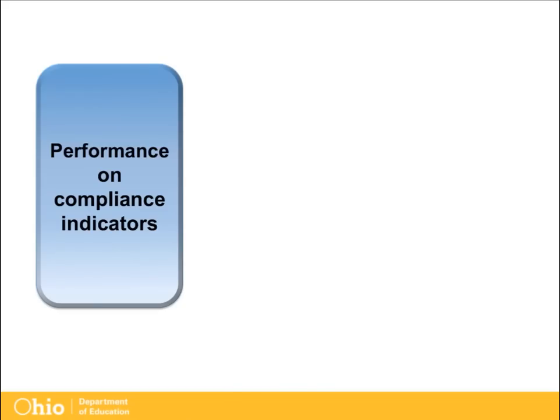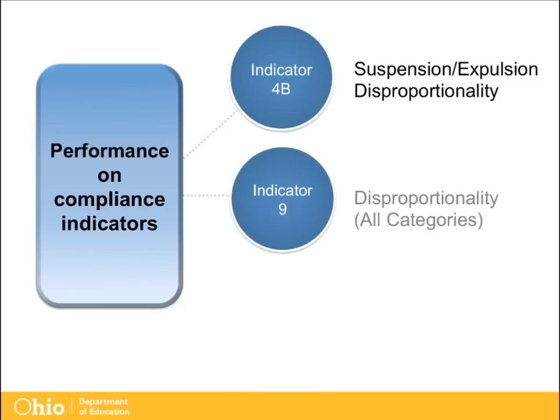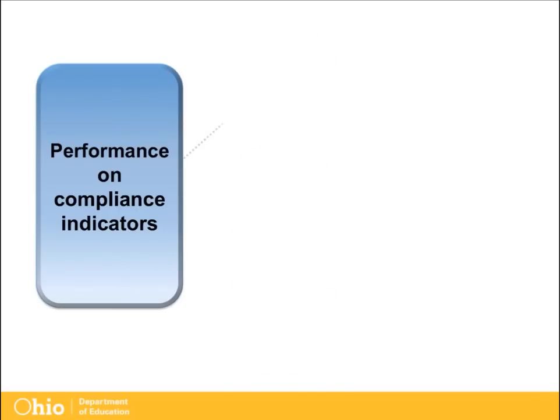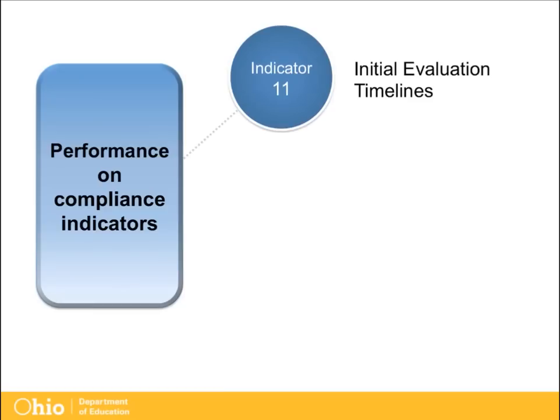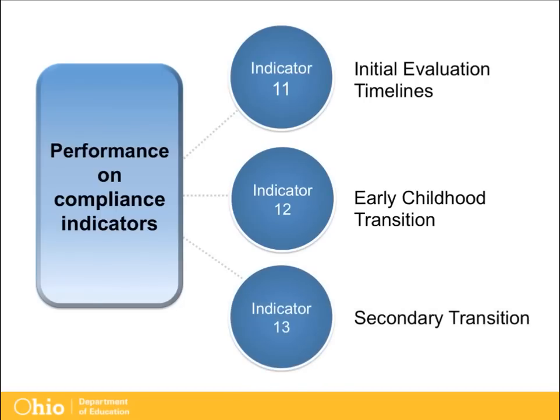The compliance indicators included are Indicator 4B, which measures disproportionality in suspension and expulsion rates; Indicator 9, which measures disproportionality in special education identification rates across disability categories; Indicator 10, which measures disproportionality in special education identification rates in specific categories; Indicator 11, which measures completion of initial evaluations within timelines; Indicator 12, which measures timely transition from early intervention services to preschool special education; and Indicator 13, which measures secondary transition planning and services.